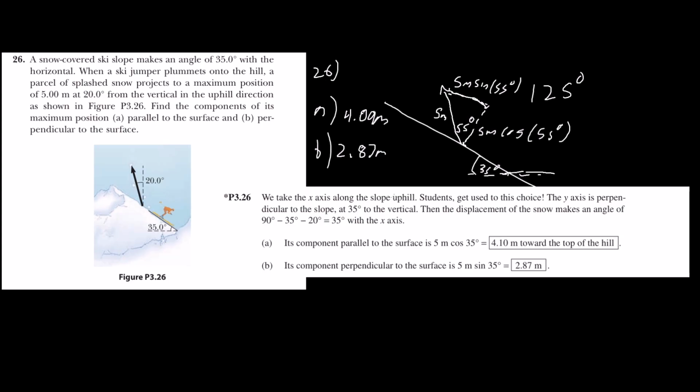So notice that I drew the geometry part, saying that this is going to be 55 degrees. What did I do? I added 35 degrees to 20, which made this 55 degrees. And I just drew the components, perpendicular here and parallel there, took this as the magnitude, and got the result from there too.